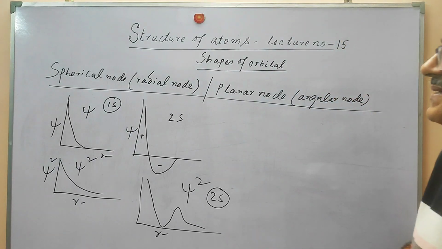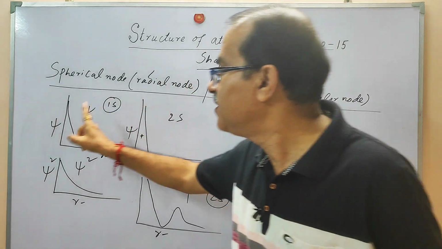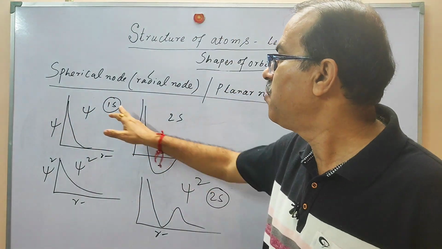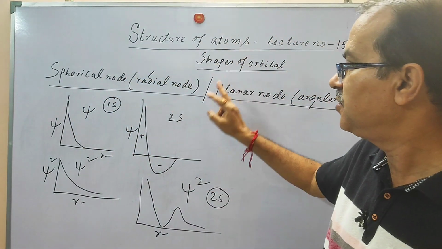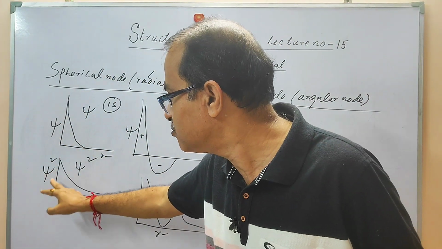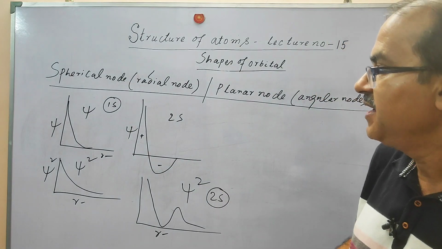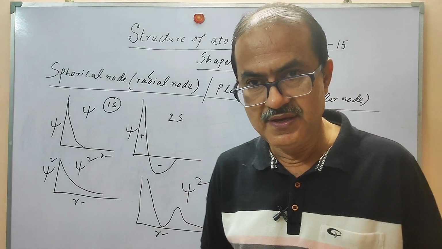So this is basically a plot, against the distance from the nucleus, of the wave functions for the 1s orbital, and this is for the 2s orbital, and this is the probability density function psi square for the 1s orbital and this is for the 2s orbital. You can see the difference.